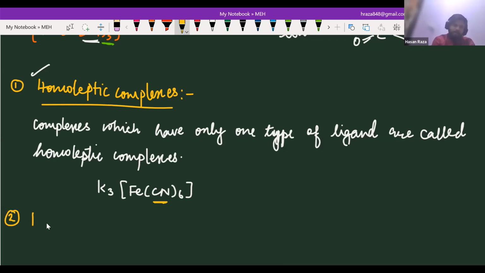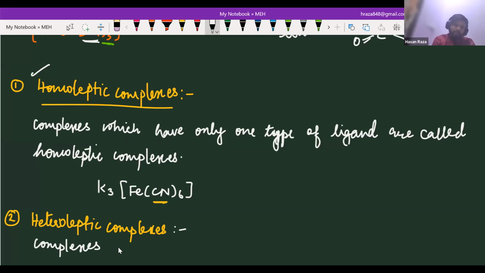Another is heterolEptic complexes. So what are heteroleptic complexes?